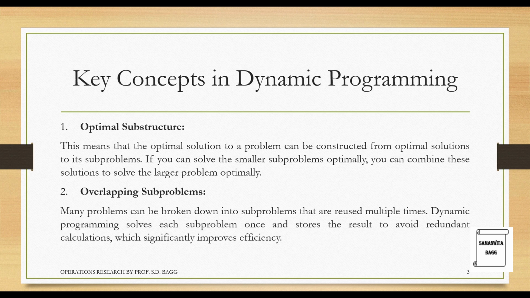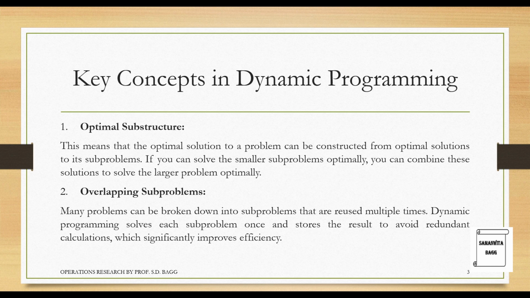The second one is overlapping subproblems. Many problems can be broken down into subproblems that are reused multiple times. Dynamic programming solves each subproblem once and stores the result to avoid redundant calculations, which significantly improves the efficiency.